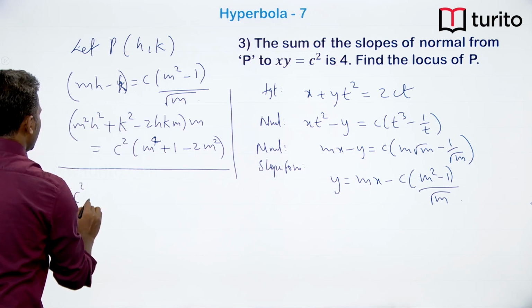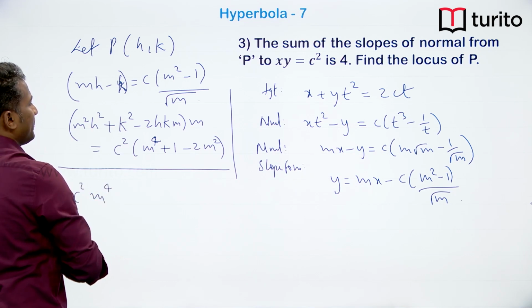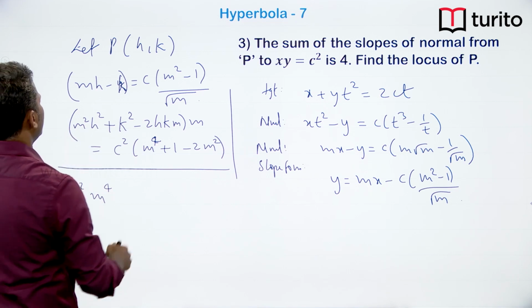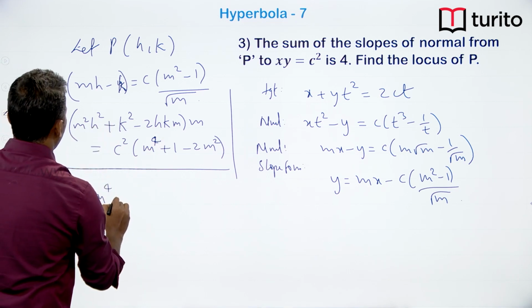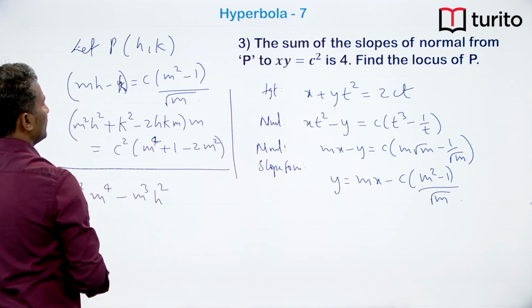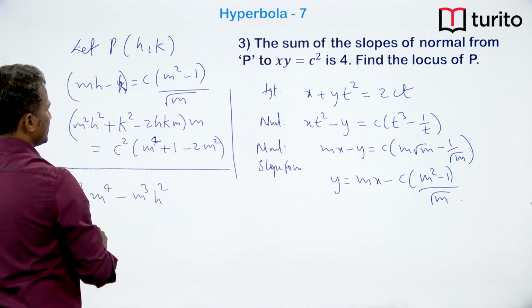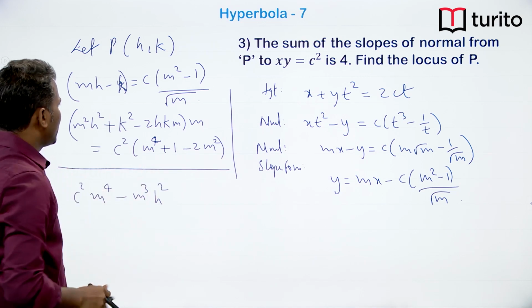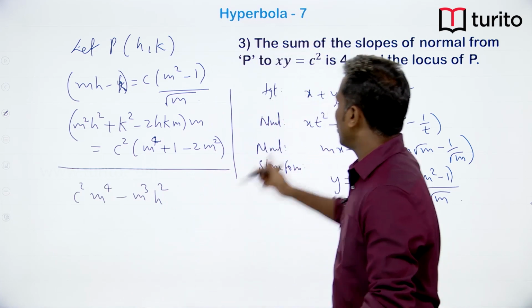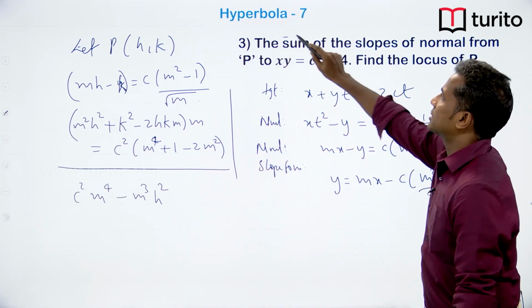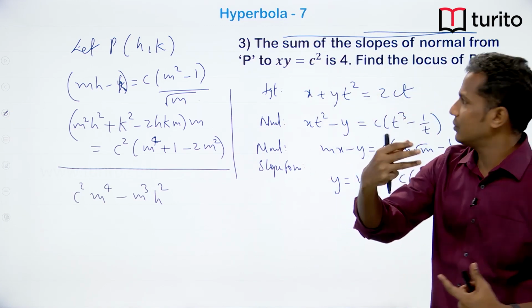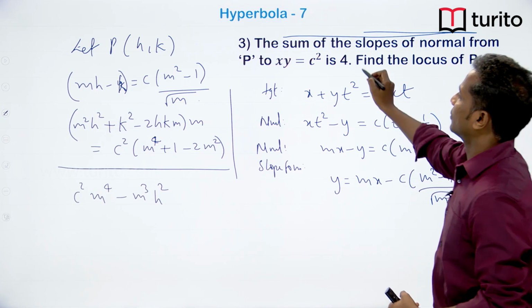So, c square into m power 4. Now, is there any m cube here? Of course, there is one m cube here. So, minus m cube into h square, and remaining terms are not required because there is only one term with m cube, and also we are interested in the sum of all slopes of normals becoming 4.